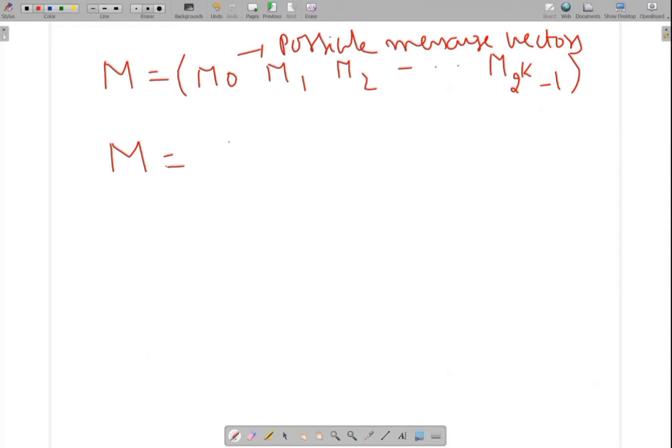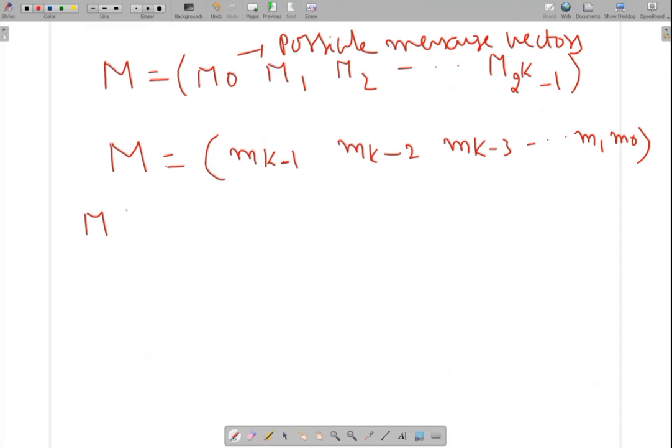Individual message vectors can be represented as individual elements mk minus 1, mk minus 2, mk minus 3, and so on, m1, m0.